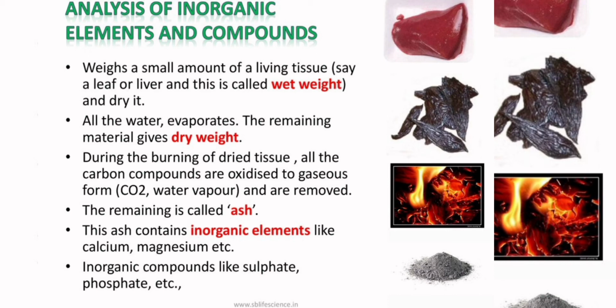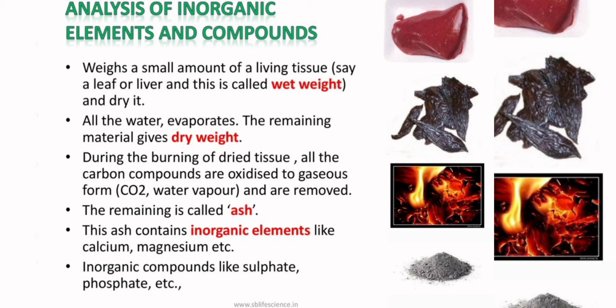So, after we burn a liver or a plant material like a leaf, we get various types of inorganic components in this organic matter. For analysis, a small amount of liver or leaf is taken, which is oven dried till the water evaporates, and after evaporation of the water we get the dry weight of the tissue.